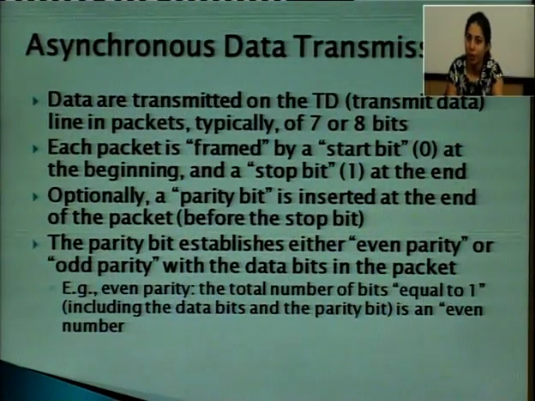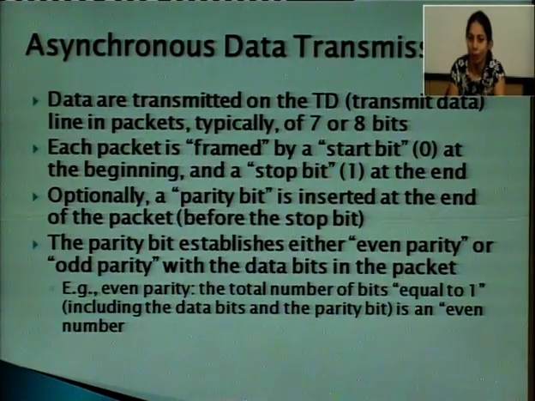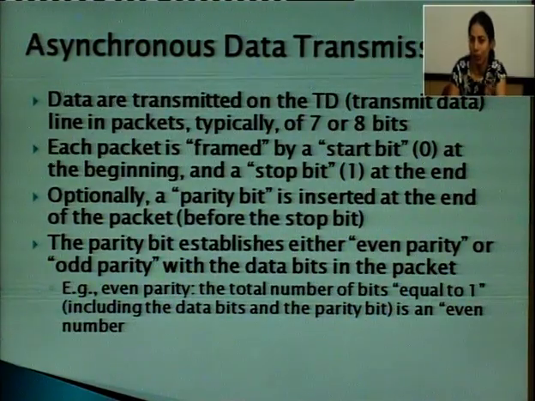Then the data are transmitted on the TD line, transmit data line, in the form of packets. Typically in the packets we can have 7 or 8 bits, and each packet is framed by a start bit, that is 0 at the beginning of the frame, and a stop bit, that is 1 at the end of the frame.